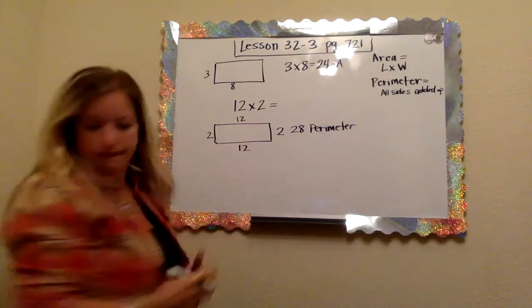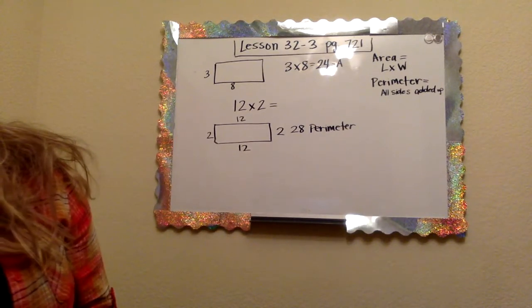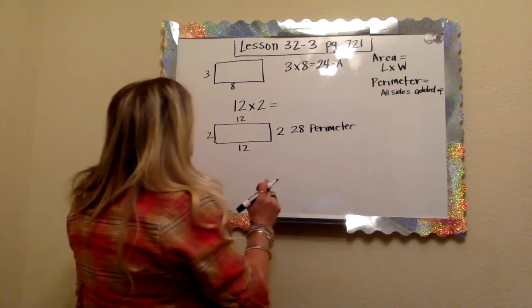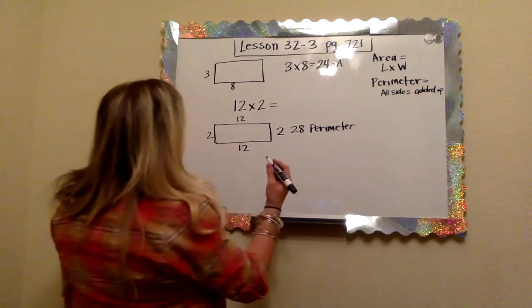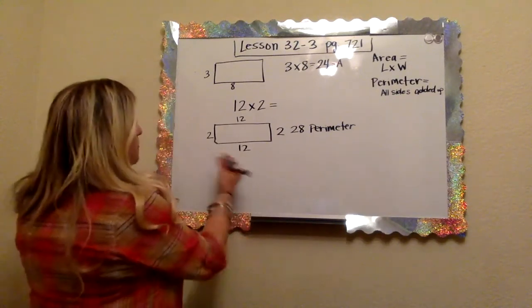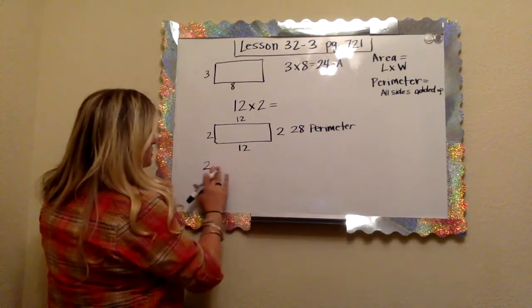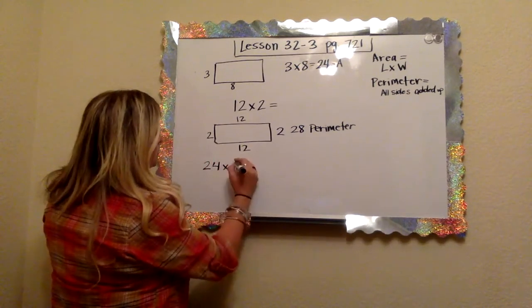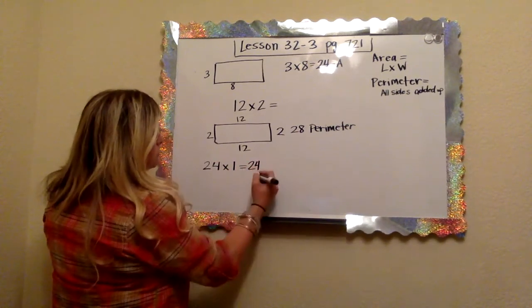So let's see. Another solution that I could do, just as an example, I know 24 times 1 would give me the area of 24.